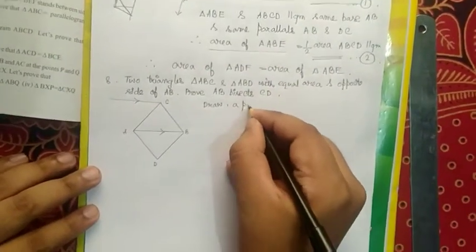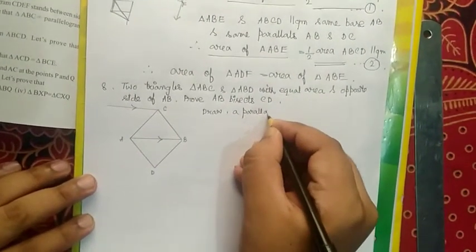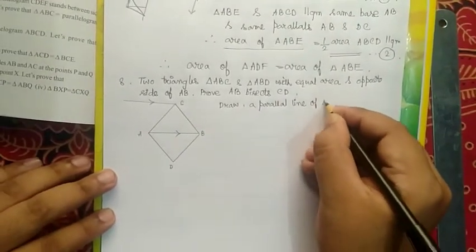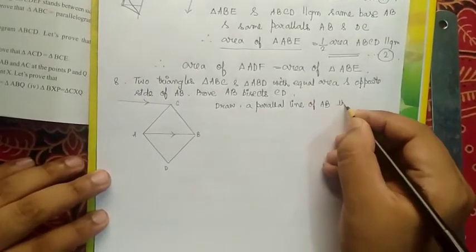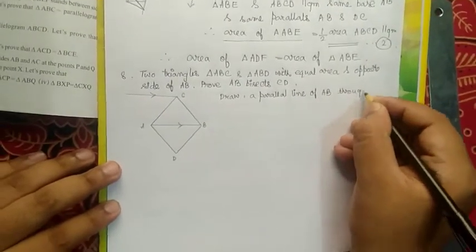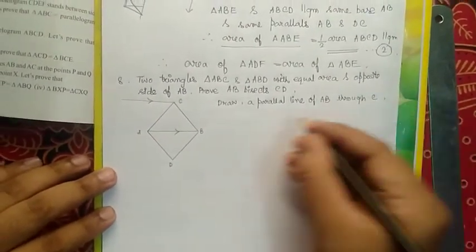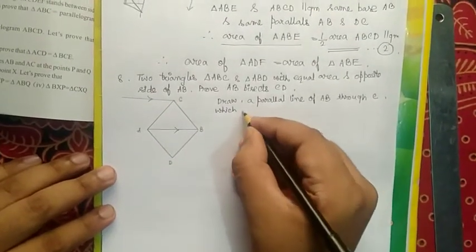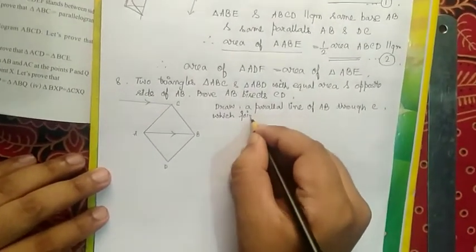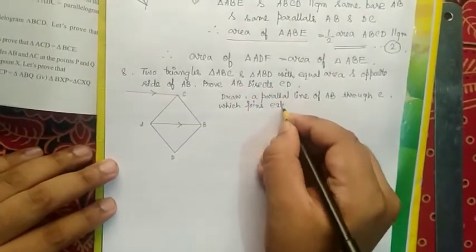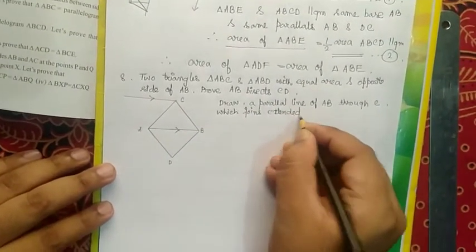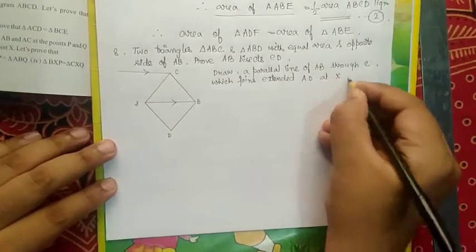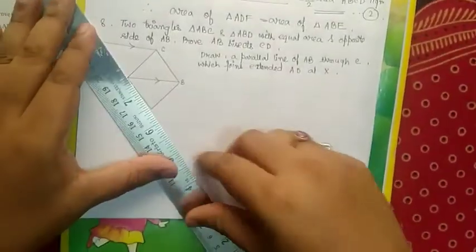Draw a parallel line of AB through C which joins extended AD at X. Means this AD.